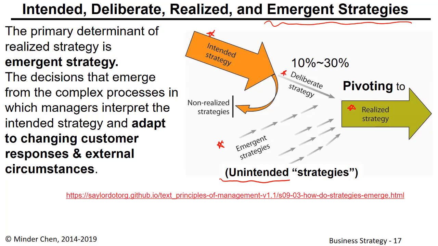And if you pursue some of the intended strategy, some of them may not work. So they're so-called unrealized strategy. Research has shown that 10 to 30% of those that may have been implemented eventually become the realized strategy. We call those strategies deliberate strategy. So a majority of the realized strategy tends to come from the so-called emergent strategy.